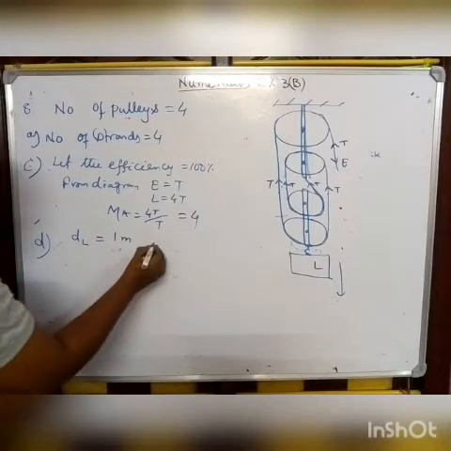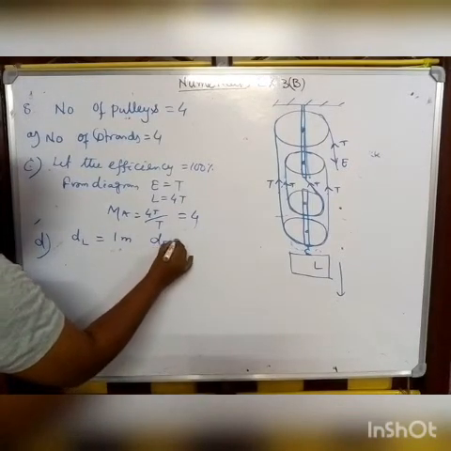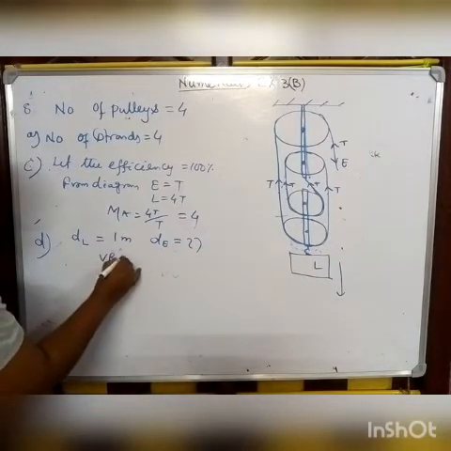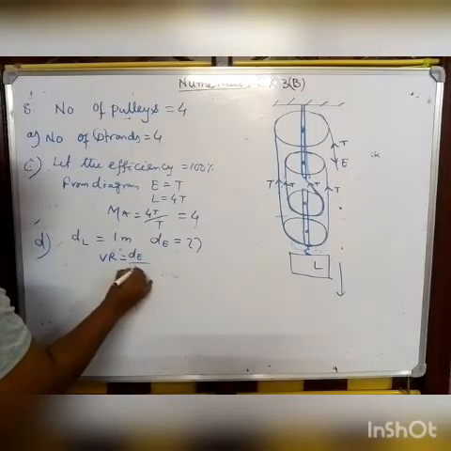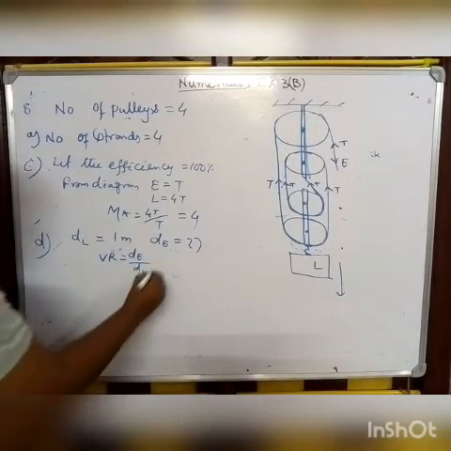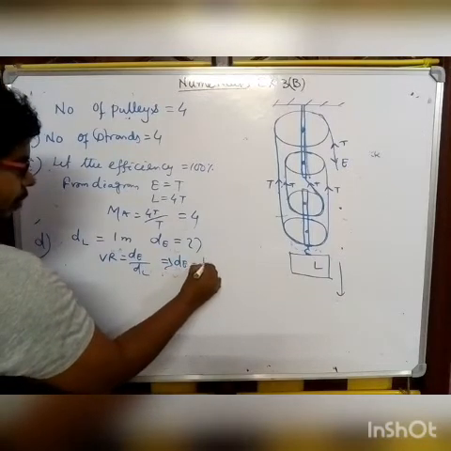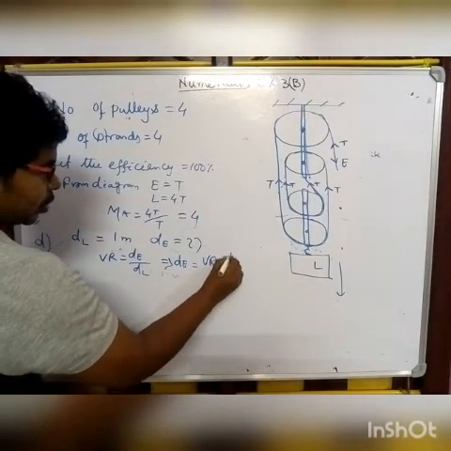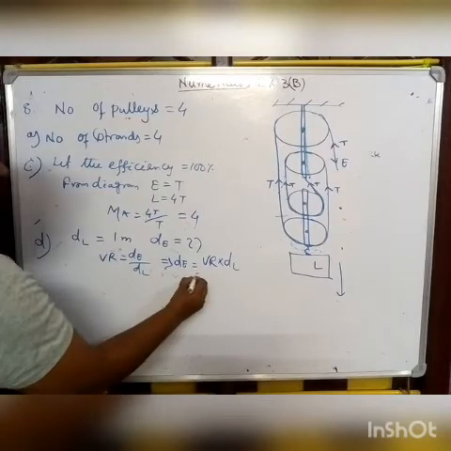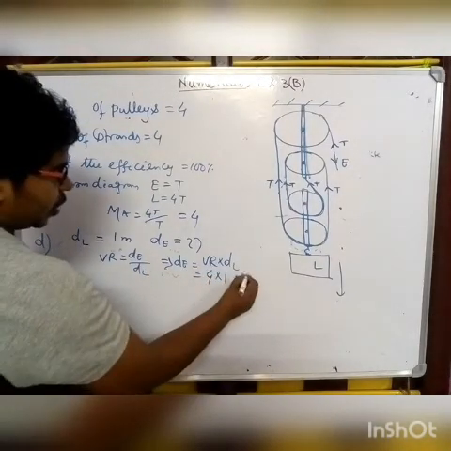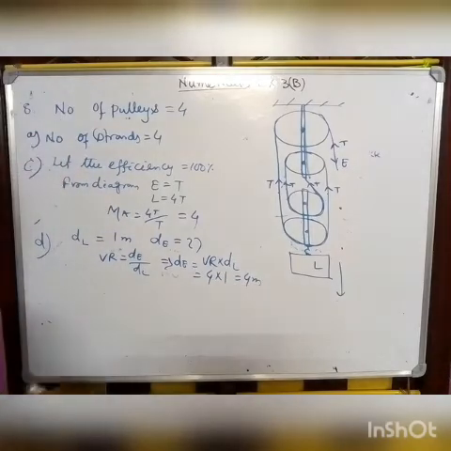It is asked that you have to find out displacement by effort. We know that velocity ratio equals displacement by effort by displacement by load. So here displacement by effort equals velocity ratio into displacement due to load. Velocity ratio is 4, displacement due to load is 1. So it is 4 meter. That is the displacement due to the effort.